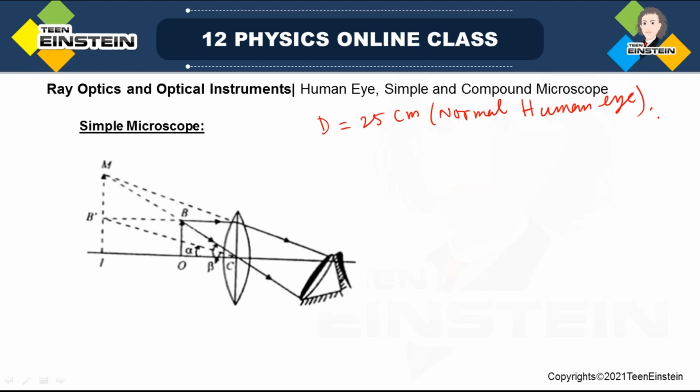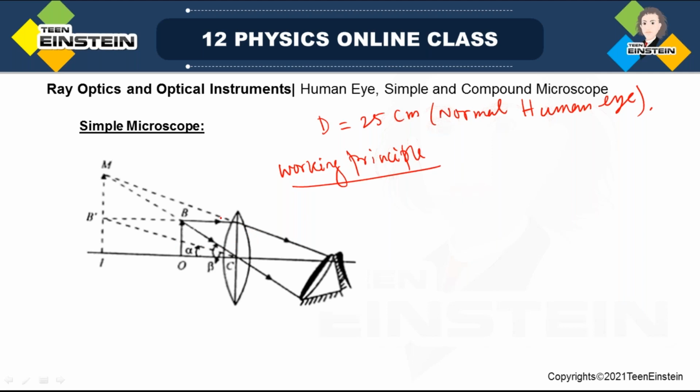Now, what we are discussing is the working principle of the simple microscope.